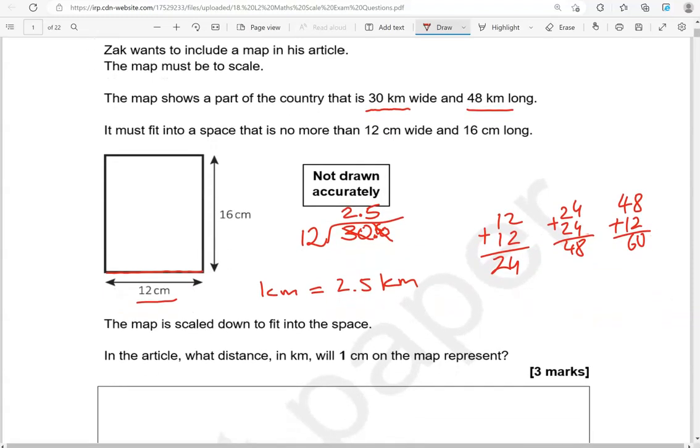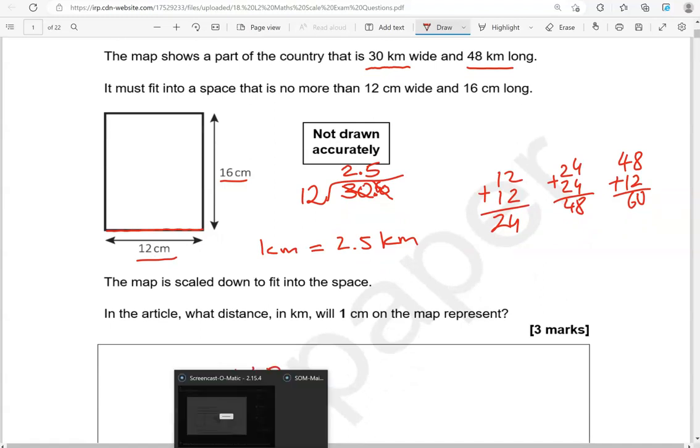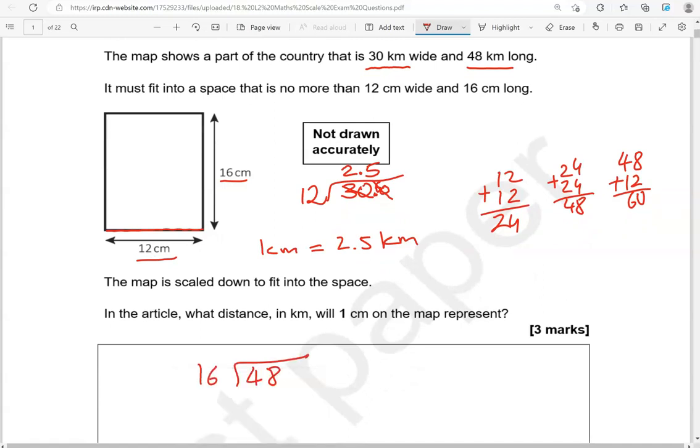So let's give this a go. We're going from 16 centimeters to 48 kilometers. So if we do 48 divided by 16, how many lots of 16 fit into 48? 16 and 16 gives us 32. 32, if we add 16 to that, we get 48. 3 lots of 16 give us 48.